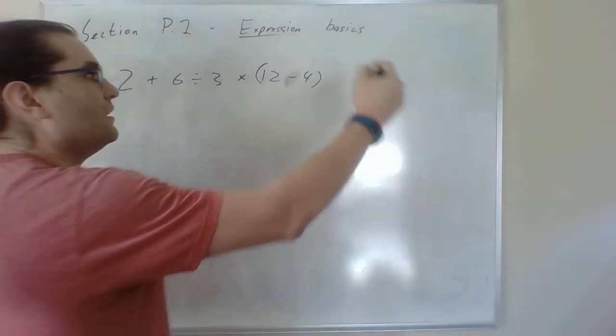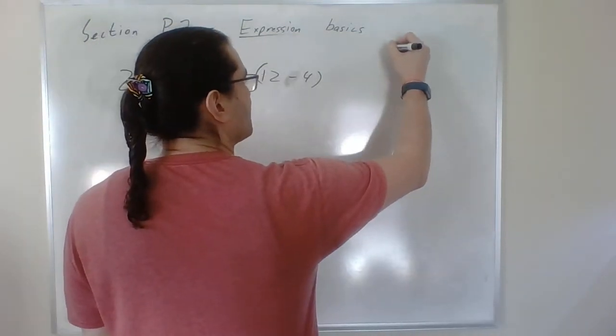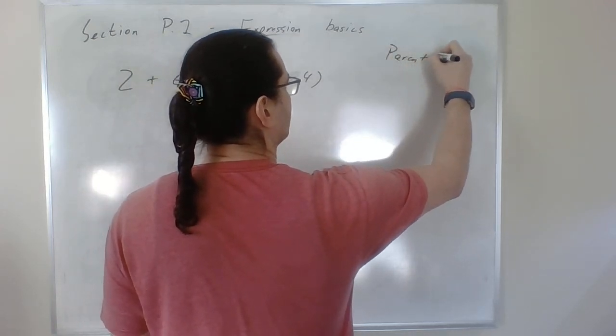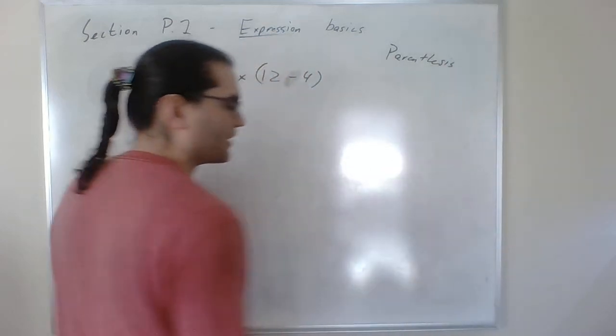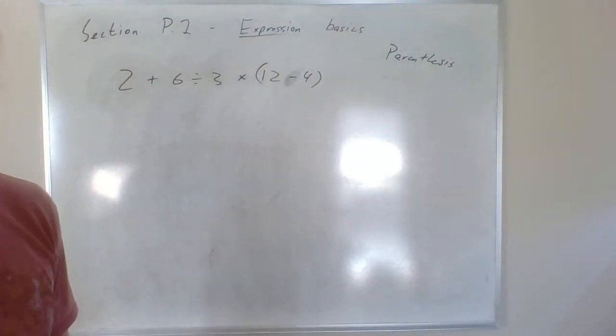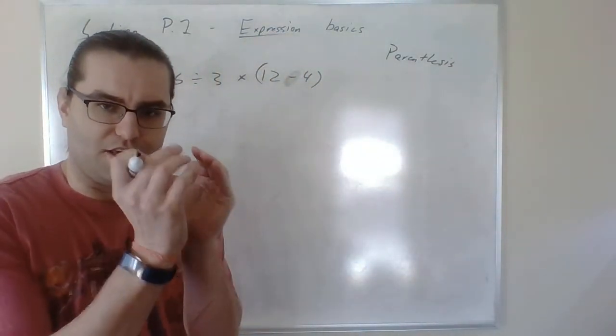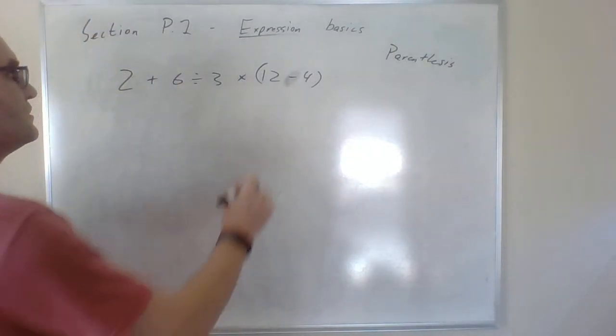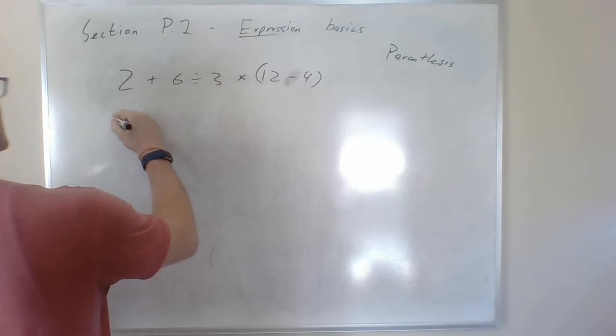So if we're doing order of operations, we're going to start with parentheses. If you have multiple sets of parentheses, start with the inside parentheses and then work your way out. So in that case, that's going to be these guys.